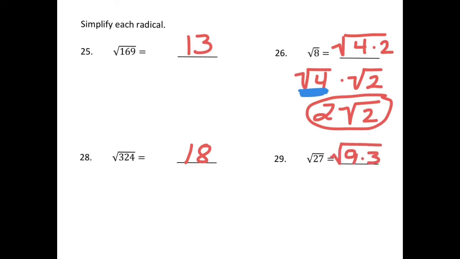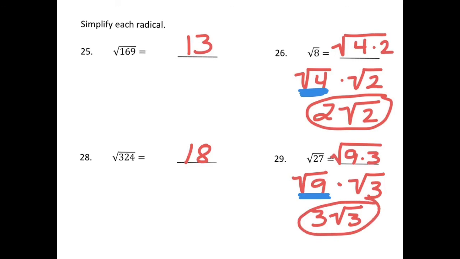So I'm looking now for the square root of 9 times 3. This is going to be the square root of 9 times the square root of 3. And why is this, again, so important? Because I know the square root of 9 is 3. Now, do we know the square root of 3? No. So I'm going to leave it next to it. So this is your answer, 3 square root of 3.